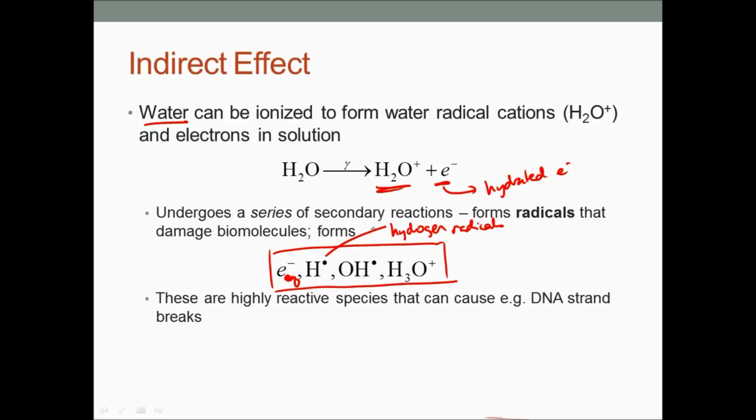It's a hydroxide radical. And we can also form hydronium ions. These species are all very reactive, H3O plus probably the least so, because it exists anyway. But all of these can cause significant damage to biomolecules such as DNA strand breaks.